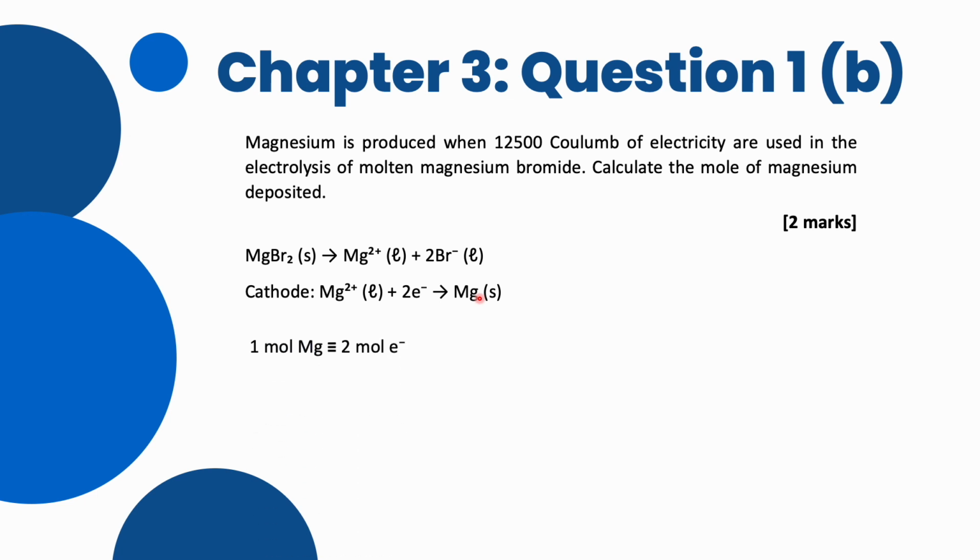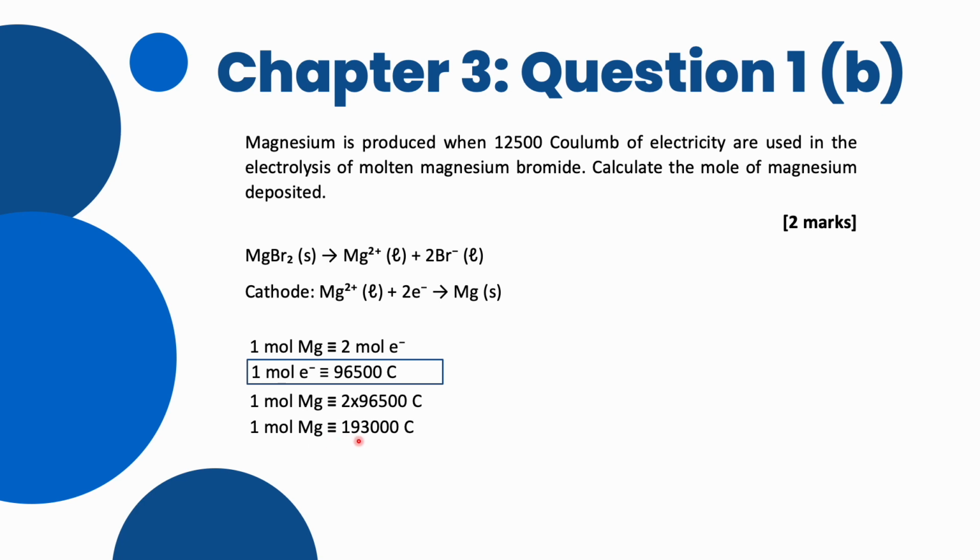Based on the equation, we know that 1 mole of magnesium is equivalent to 2 mole of electron, where 1 mole of electron is equal to 96,500 coulomb. So we multiply this value by 2, which means that 1 mole of magnesium will need 193,000 coulomb. So this is for the 1 mole.